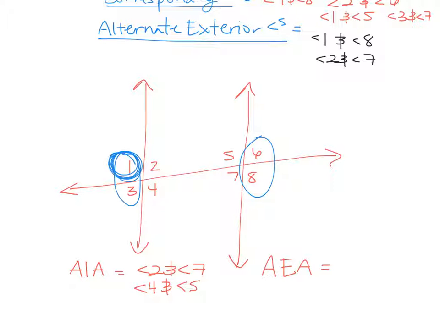Angle 1 and which angle over here? Should be on the outside, but opposite sides. That'd be angle 8. Right. Okay, or angle 3 with angle 6, right?